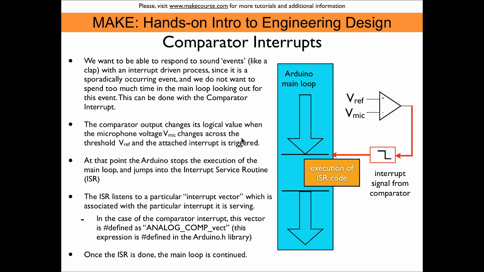So to summarize, the great advantage of using this comparator interrupt is that we don't need to waste time in the main loop to look for a microphone event. Here with the interrupt, the microphone event simply triggers the execution of the interrupt service routine whenever the microphone receives a sound pressure that exceeds a certain level that is essentially defined by the reference voltage.